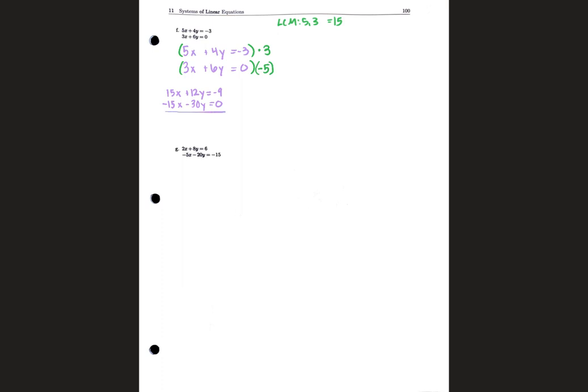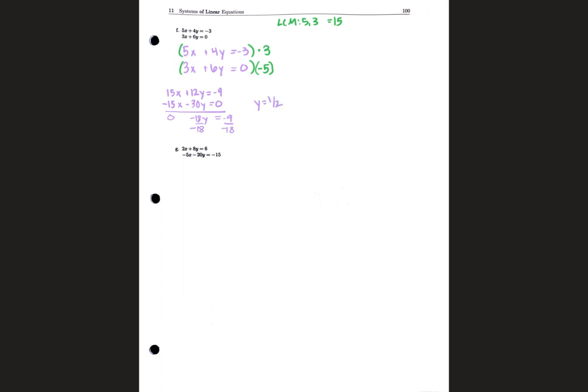I'm just realizing if we would have gotten rid of the y's, the problem would have been a little bit easier, but that's okay. Let's just see what happens. We're going to get 0, and then 12 minus 30 is negative 18y equals negative 9, and I divide both sides by negative 18 to solve for my y. I get y equals 1/2.